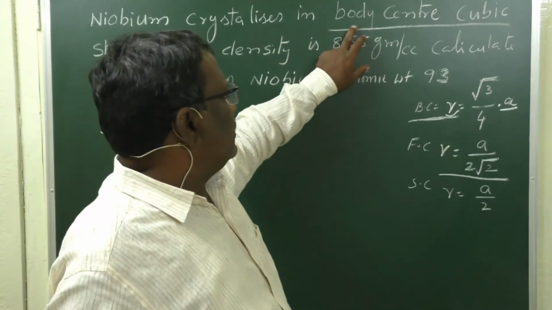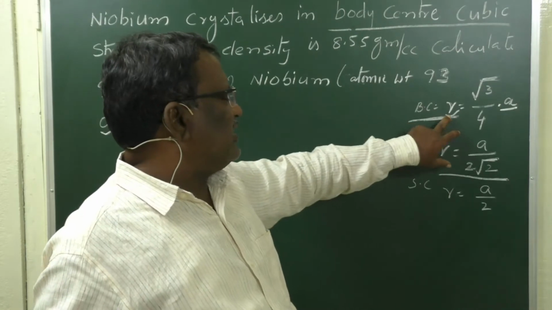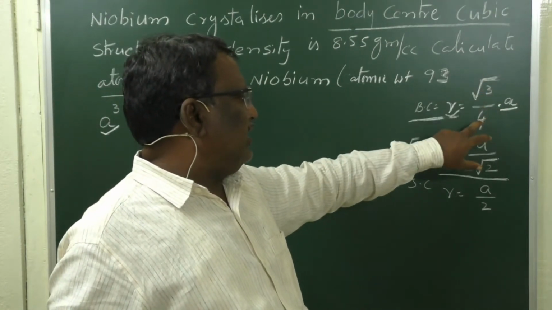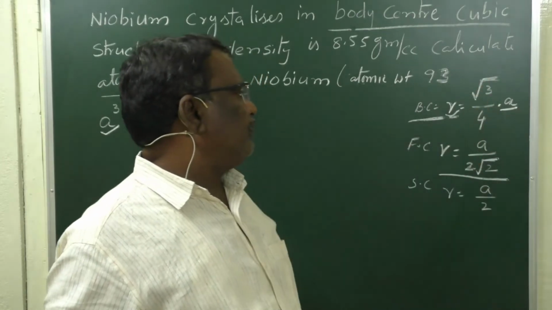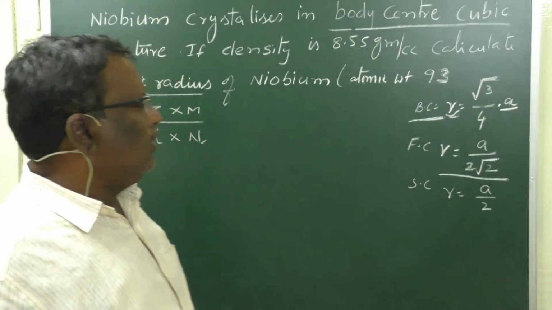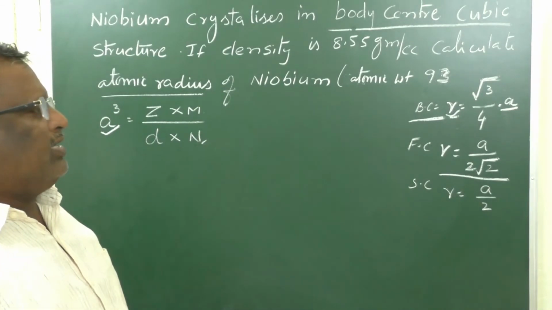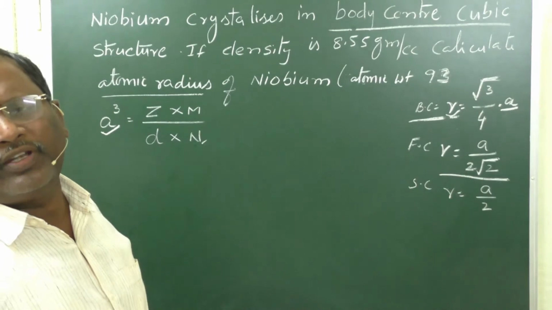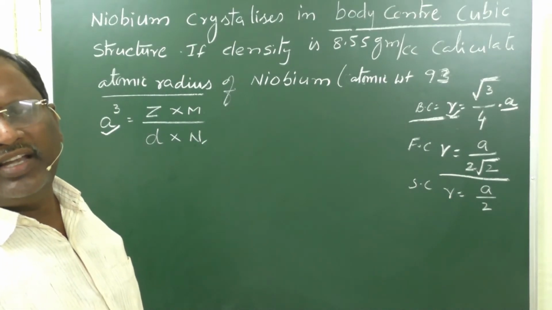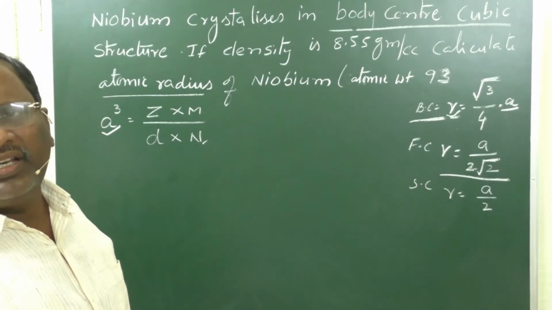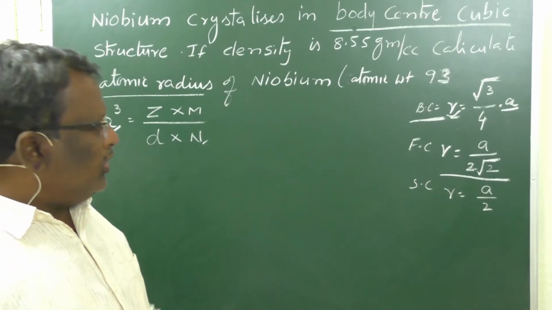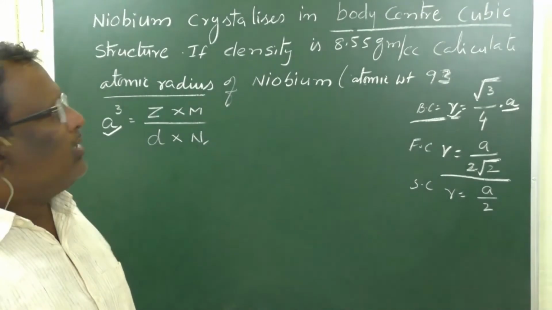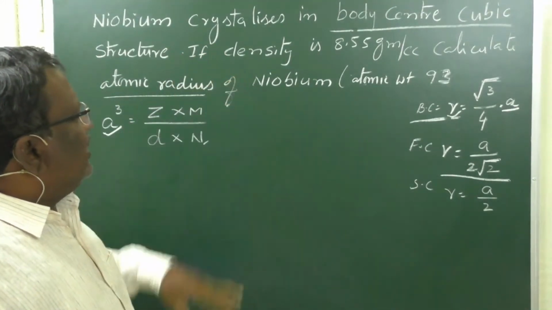For a body centered cube, R is equal to root 3 by 4 into A, or A is equal to 4R by root 3. If you know the A value, we can easily calculate the radius, but in this problem they have not given that A value.